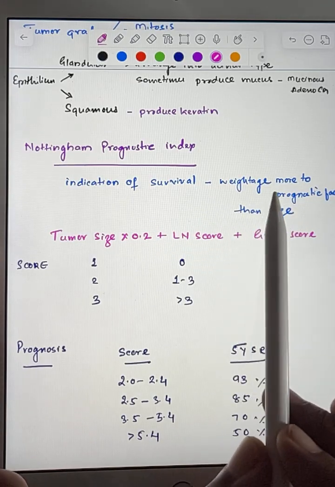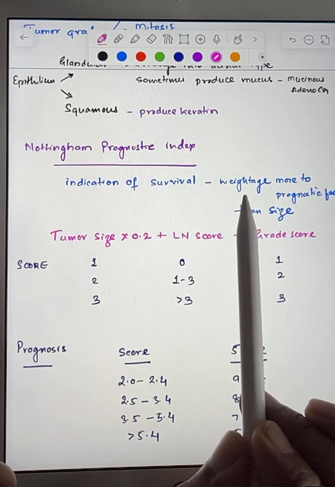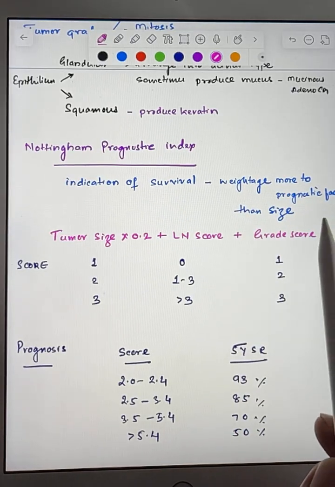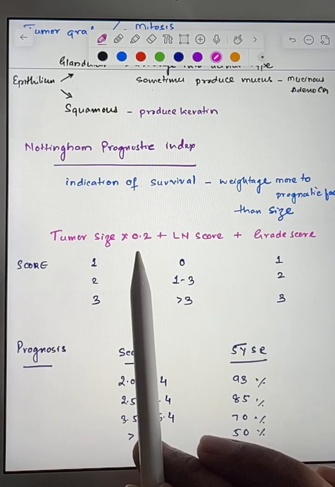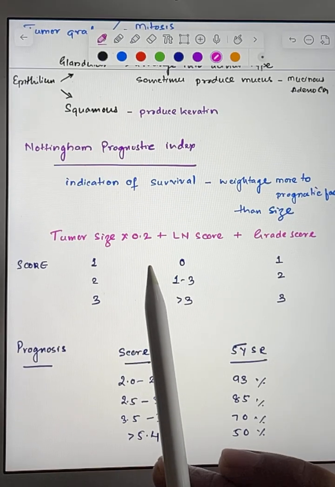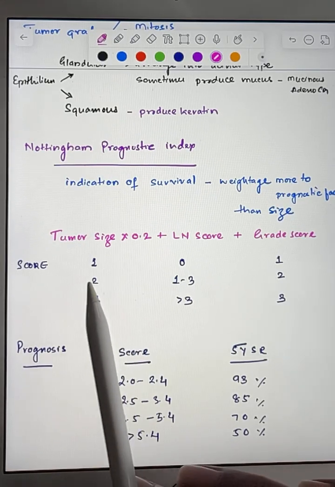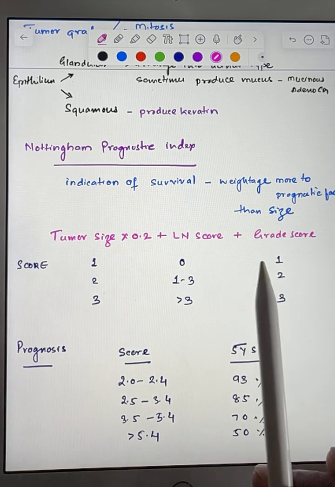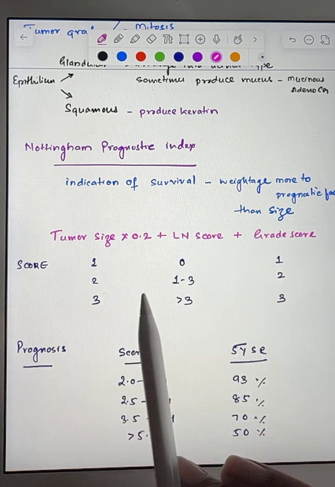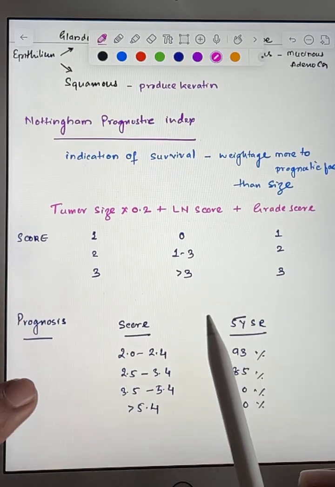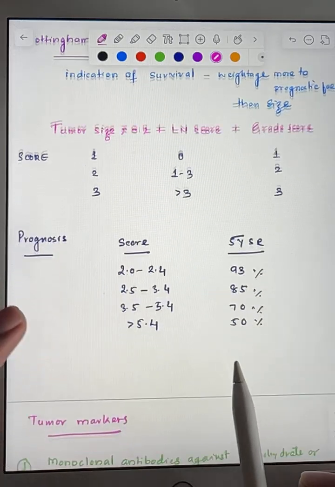It gives more weightage to prognostic factors than size. Tumor size multiplied by 0.2. If it is less, the tumor size is smaller. Lymph node score is important. Grading, and then prognostic.